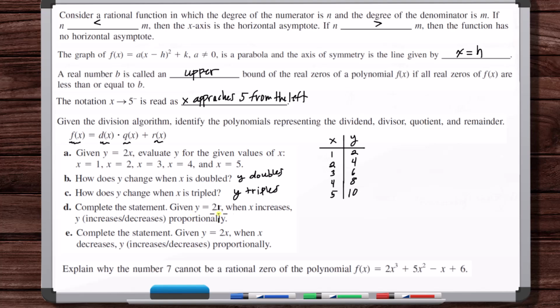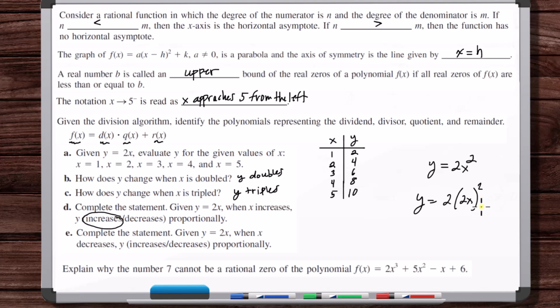Complete the statement. Given y is equal to 2x, when x increases, y increases proportionally. Now, you might ask, what if you had something like y is equal to 2x squared? Now if you double x, you quadruple y, because it's like 2 times 2x squared, so you're left with 4x squared.